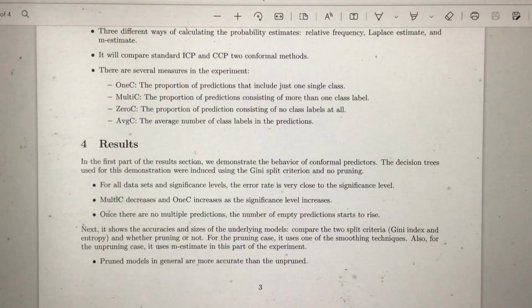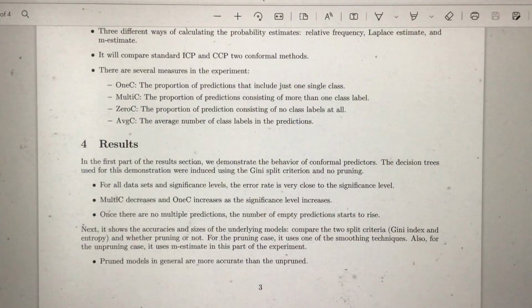Okay, so they get a few outcomes. The first one: for all data sets and significance levels, the error rate is very close to the significance level. Also, multi-C decreases and 1C increases as the significance level increases.